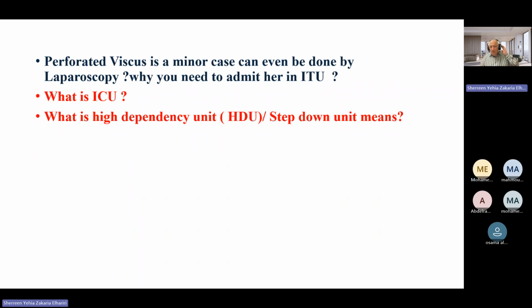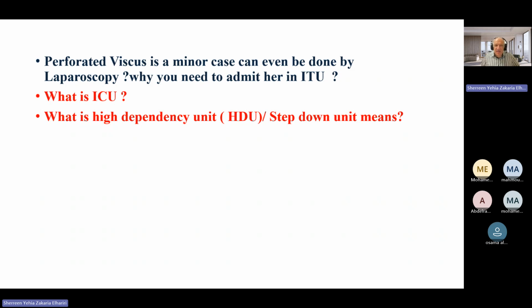Okay, so doctor, perforated viscus is a minor case or minor surgery, it can even be done by laparoscope. So why do you need to admit the patient to ICU or ITU? Because on clinical examination the abdomen is rigid, and the pulse. I understand that the abdomen is rigid and the patient has a perforated viscus, but it is minor surgery.